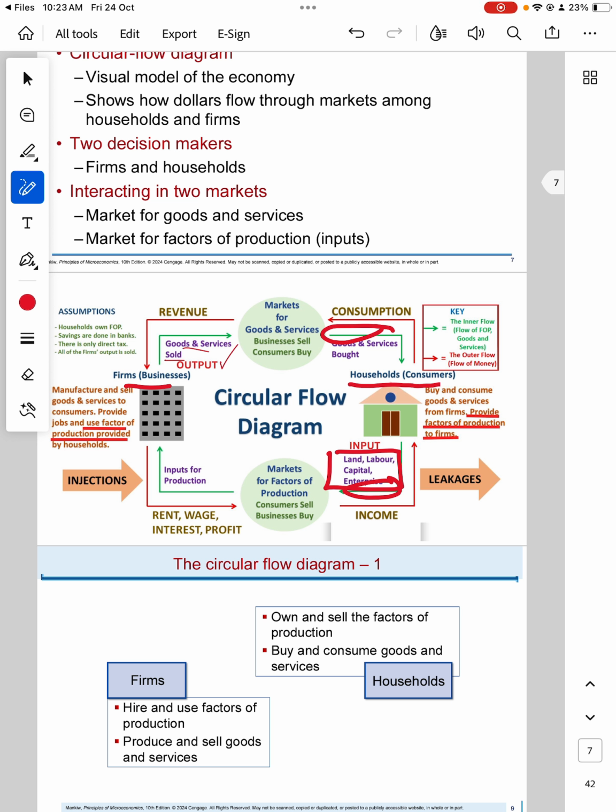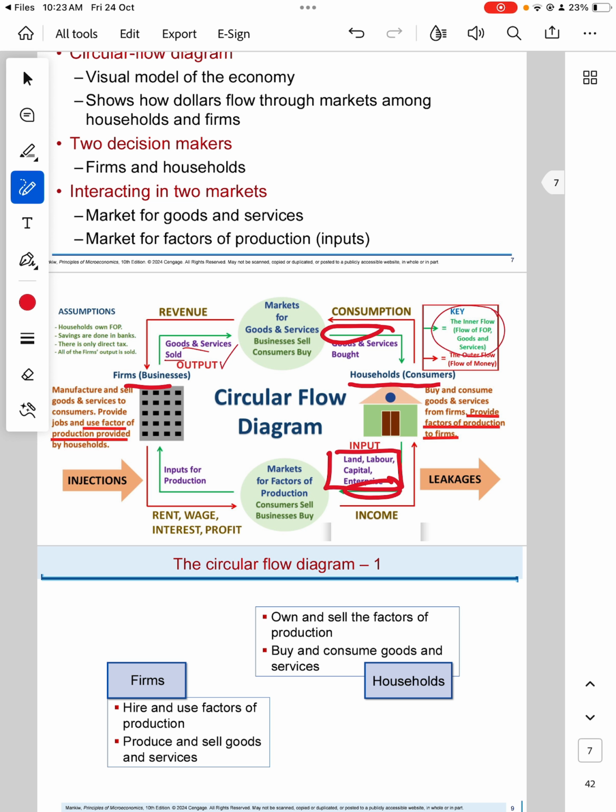Goods and services, and these goods and services are consumed or bought by the household, and the process goes on until the end of the world, maybe. So that is the explanation of the inner arrow, which is represented by the green arrow.